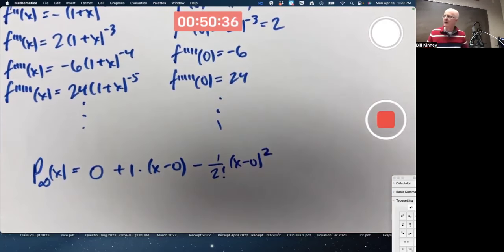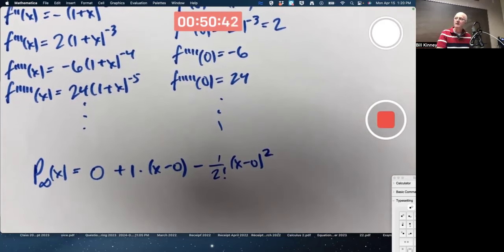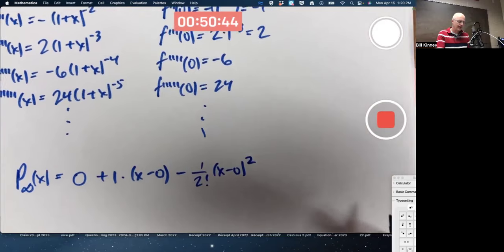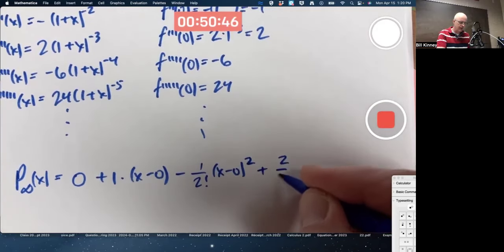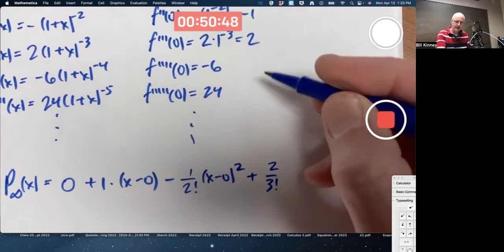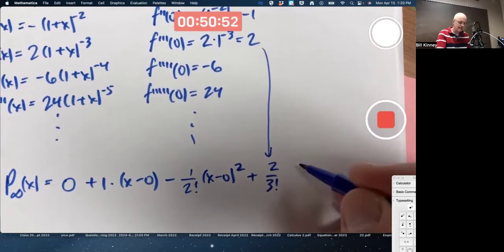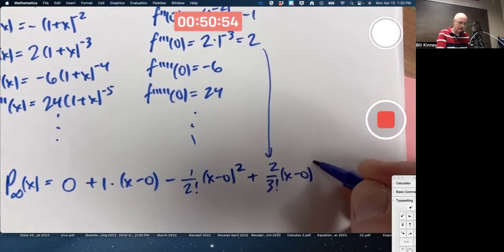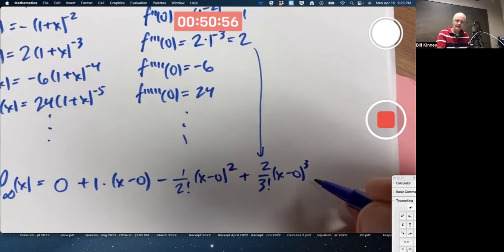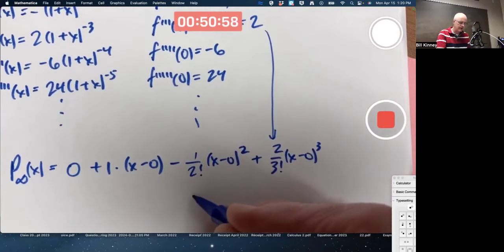With the last example, we got 2 factorial divided by 2 factorial. 2 over 2 is 1. This one does not simplify to 1. Then we get 2 over 3 factorial, the 2 coming from this right here, times x minus 0 cubed. Let's go ahead and write down 2 more terms.